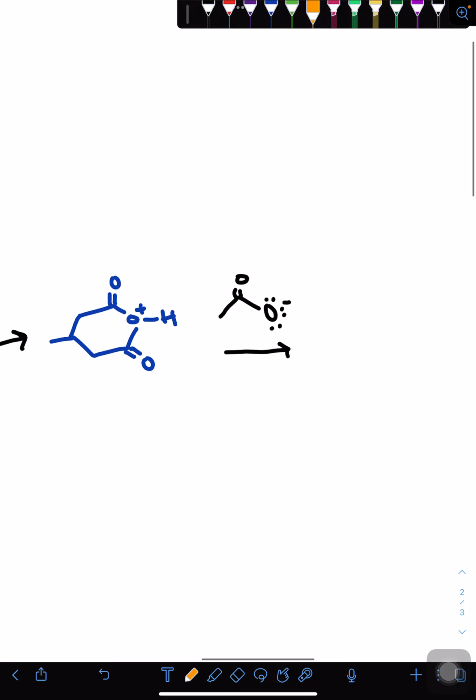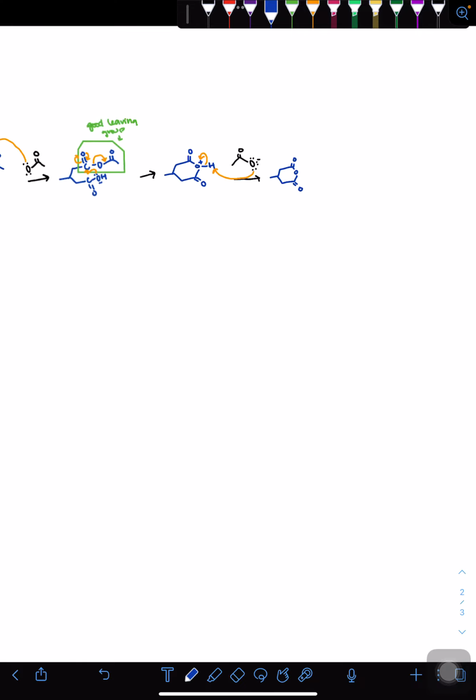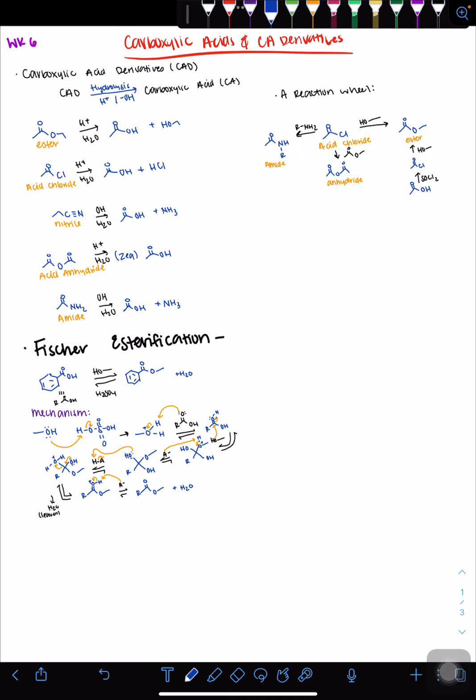And then these lone pairs are going to attack this hydrogen, and then this bond is going to go back to that oxygen to give us the final product of that. Then that's the end of this video for week 6, carboxylic acids and their derivatives.